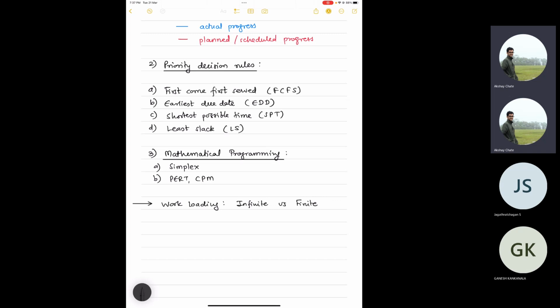So what will happen? One day you'll manufacture only 80 units. Next day you'll force the machine to produce 110. If the machine can produce, it will produce. If not, it will break down. That's the drawback of infinite loading. But the advantage is, if the machine is able to take the increased load, you'll be able to achieve higher efficiency than planned. But usually that is not followed.